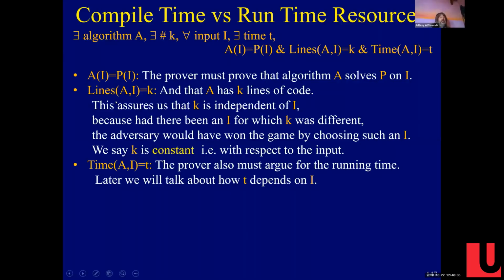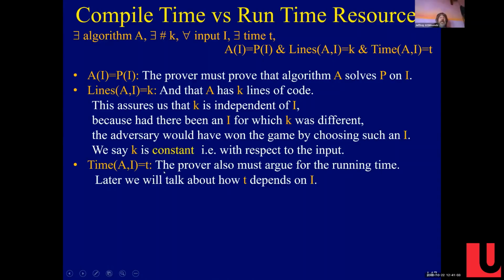Now everybody get this whole game about k versus the input? We're saying k is a constant, it can be as big as you want, but it's a constant. But why is it constant? It's constant because it doesn't depend on the input. Compared to the running time, the running time does depend on the input.